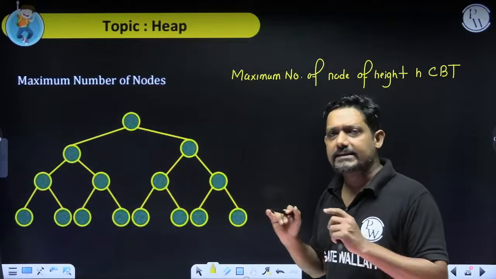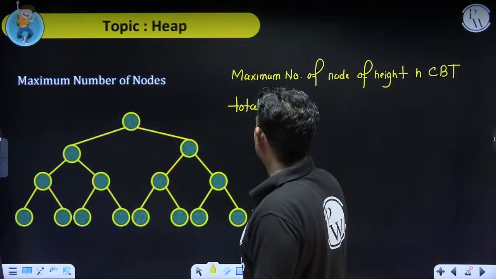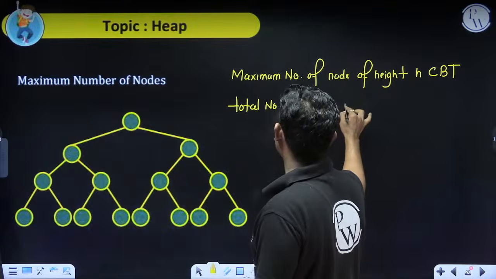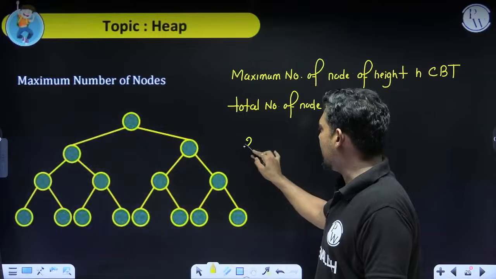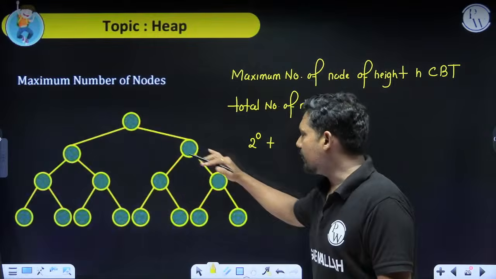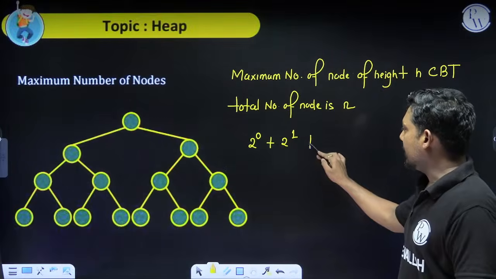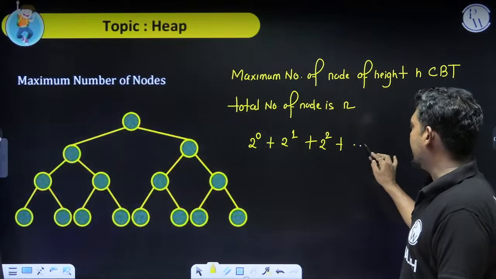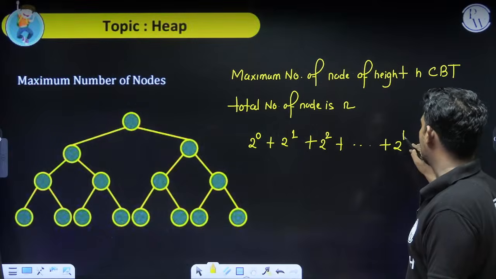Understand here, height is h, here it is 3. If I say the total number of nodes is n, how do I calculate it? In the root we have one node, which is 2 to the power 0. At height 1, we have 2 to the power 1. At height 2, we have 2 to the power 2 nodes. At height h, we have 2 to the power h nodes.